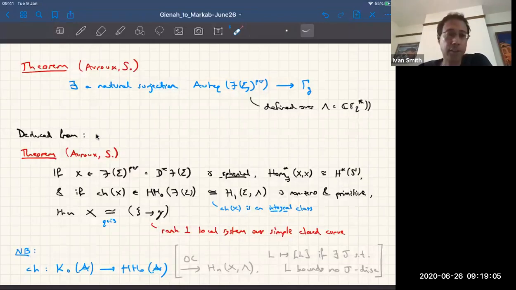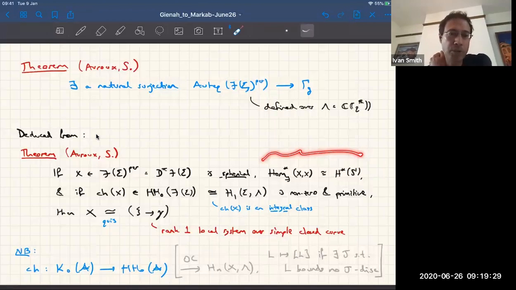And then the geometricity theorem says the following: take X in the derived Fukaya category of the surface, which is spherical, in the sense that its endomorphisms in the category, what we think of as its Floer cohomology, are just the cohomology of the circle.